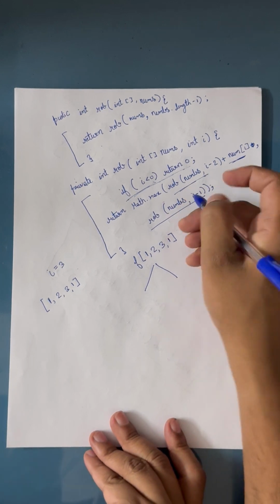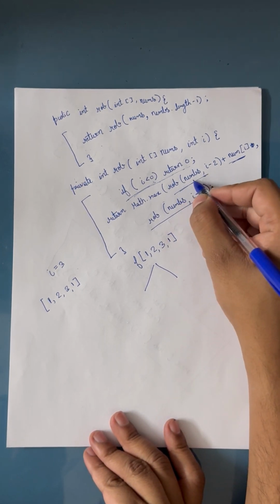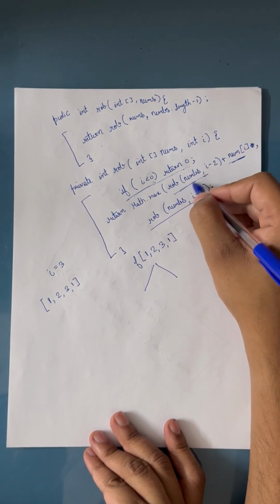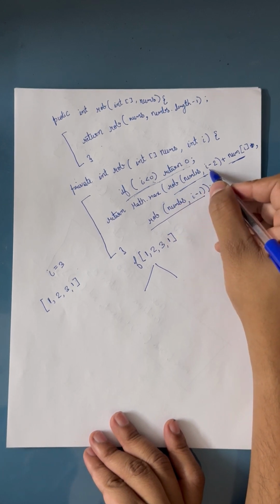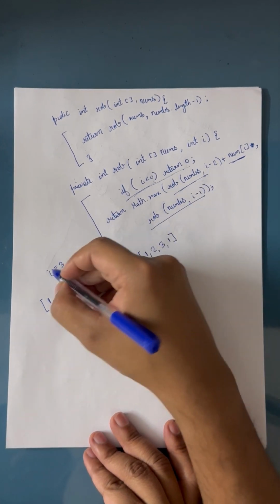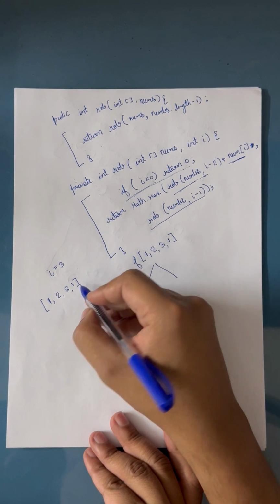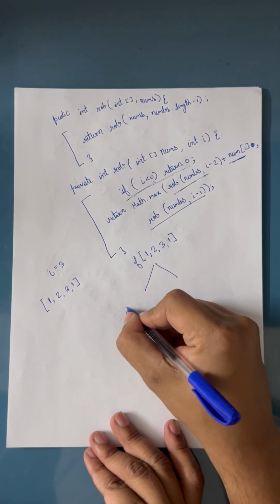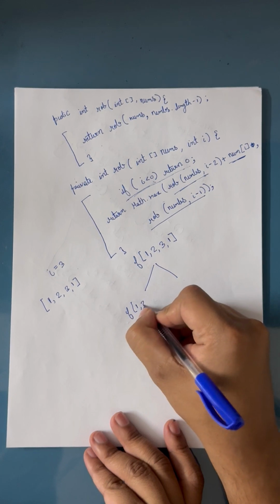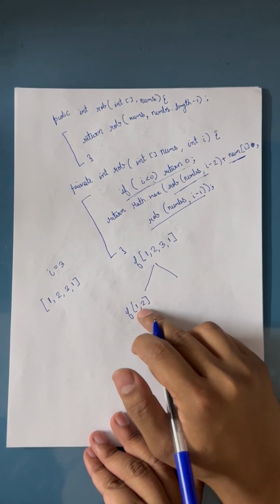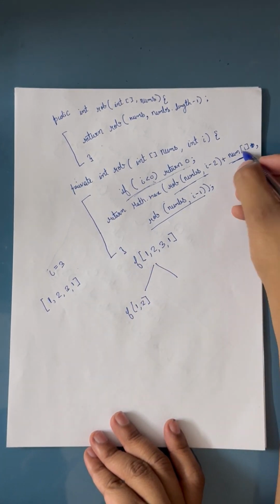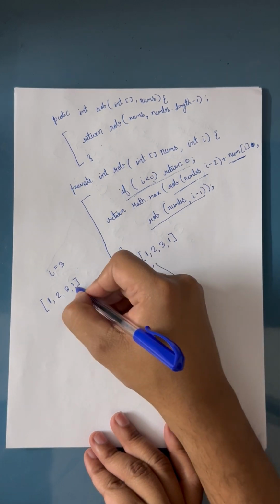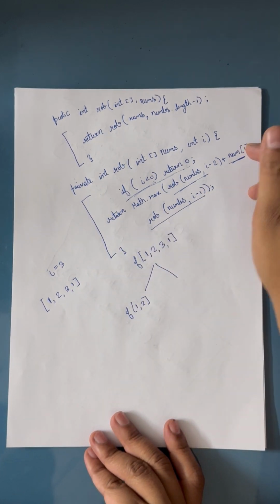So it will open this recursive relation, that is i minus 2. Here 3 minus 2 is 1, so it will have f of 1 comma 2, because now you have only two choices left. If you included 1, that is plus nums of i, which is 1.